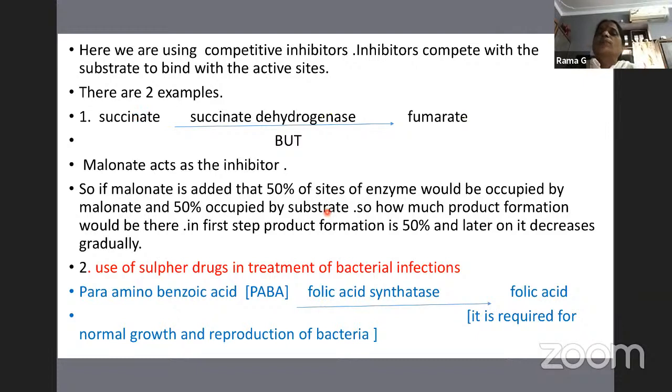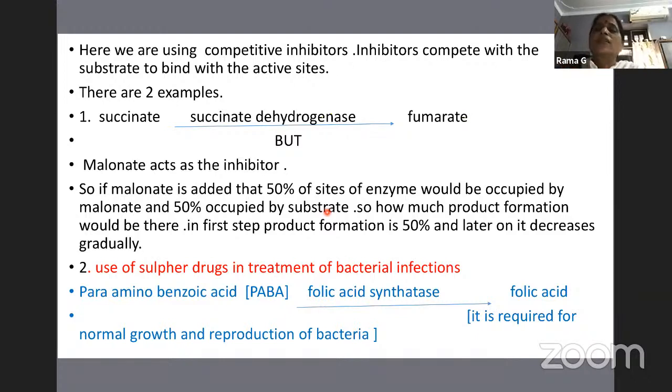So how much product formation would there be by this? In the first step, 50% of substrate molecules turn into end product. In the second step, this 50% decreases to 25%, and in the other steps, the rate of production of end products gradually decreases.